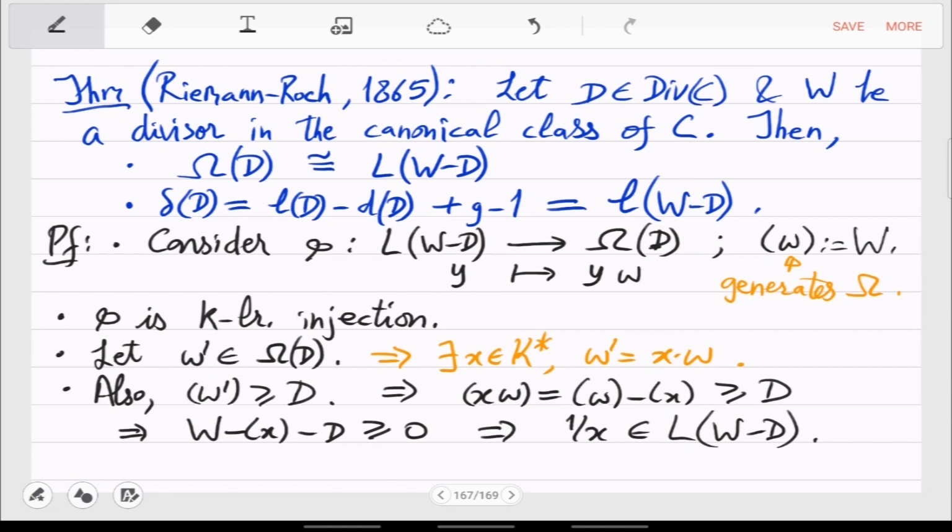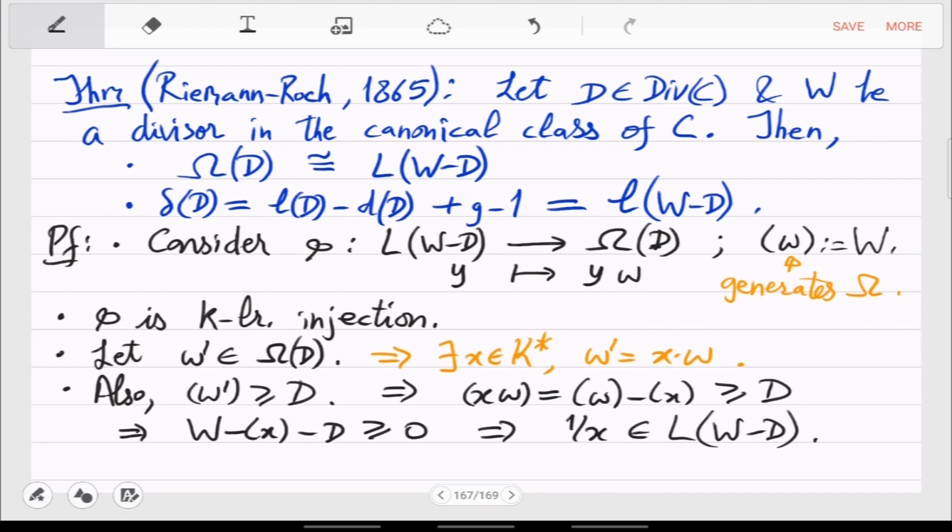Not omega prime, just omega. The rest will follow because everything else is related. If you map to the generator, I think that should be... No, formally you have to do this because differentials are the generator times functions. So whatever you do, this has to follow.